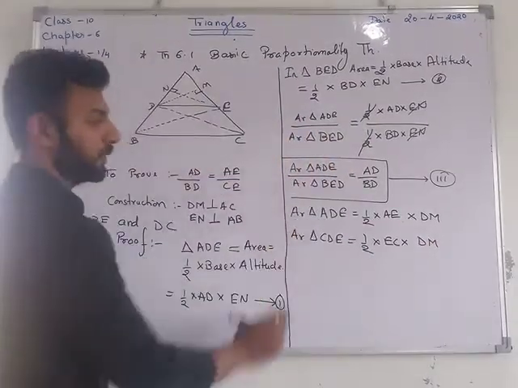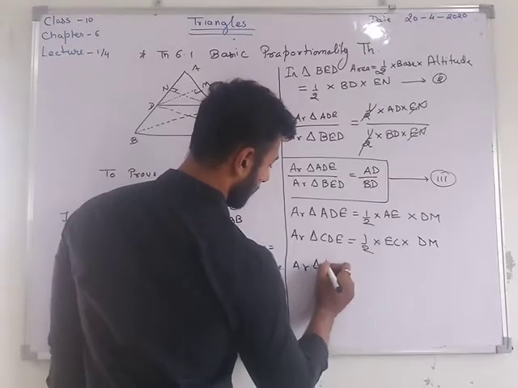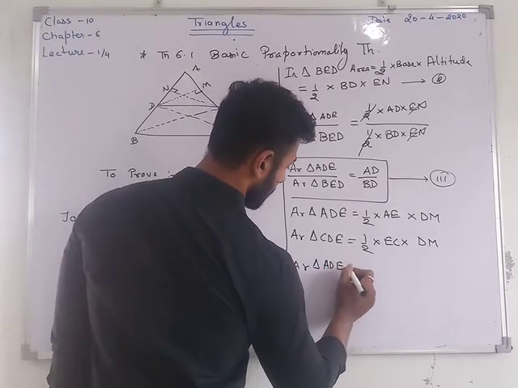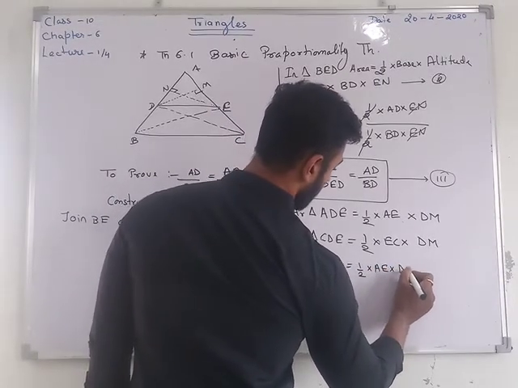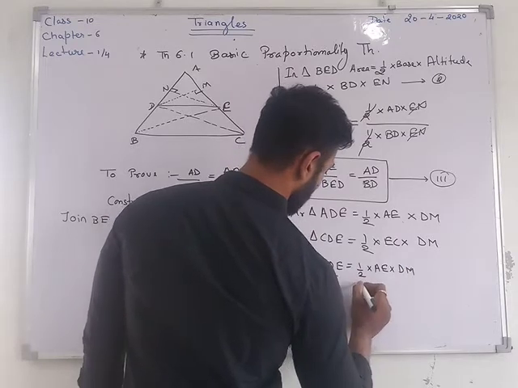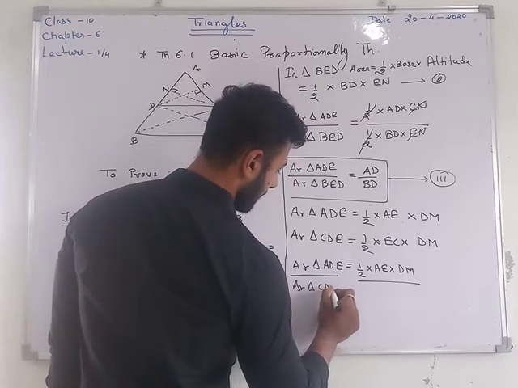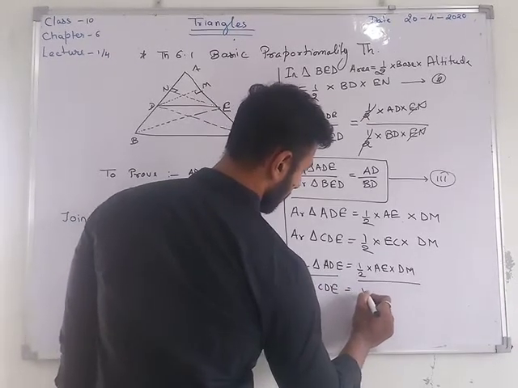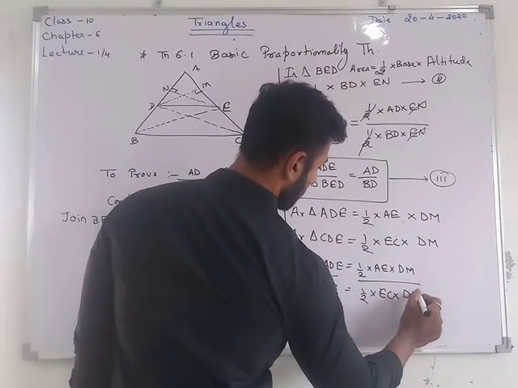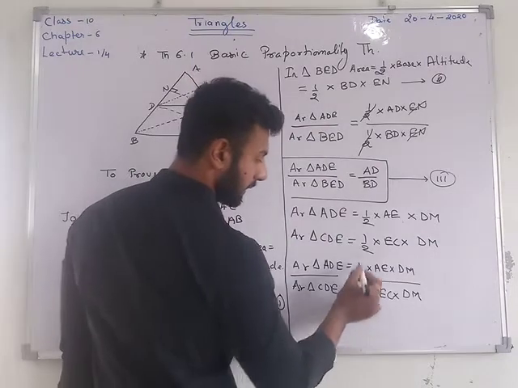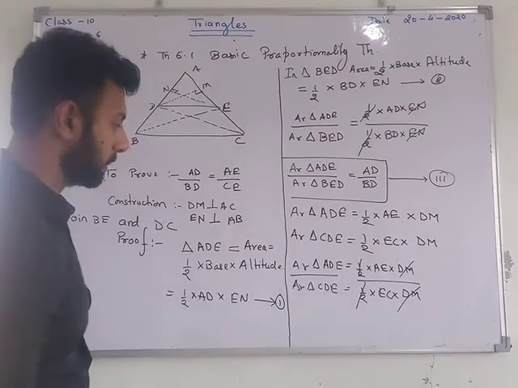Now taking the ratio of these two triangles, area of triangle ADE is equal to half AE into DM, and area of triangle CDE is equal to half EC into DM. Now this half will get cancelled out with this half and DM will cancel out with this DM.